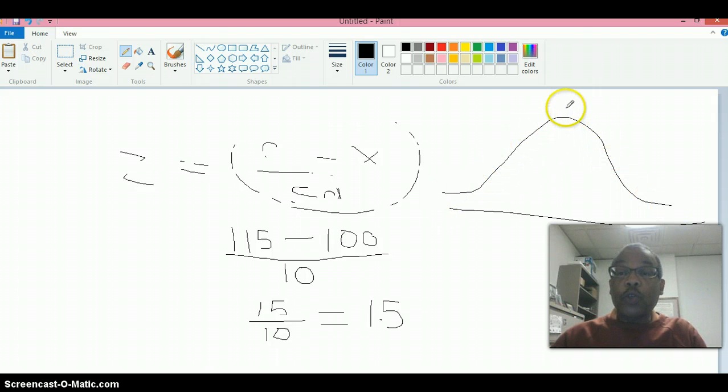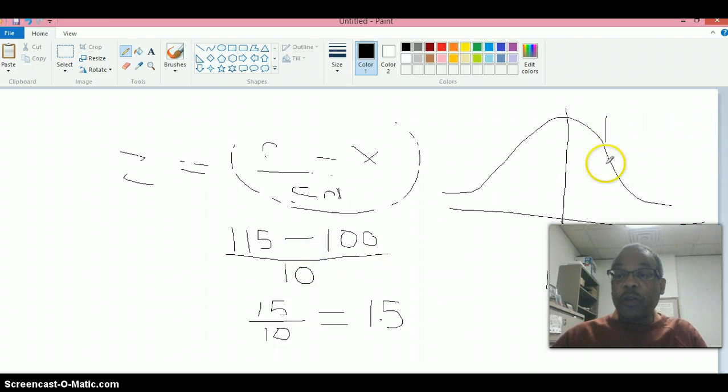Usually with a normal curve, one of the characteristics we said about the normal curve is that the mean is right at the center. In this case, we know the mean is 100, so 100 is at the center. Our question is, where is 1.5, or where is 115?